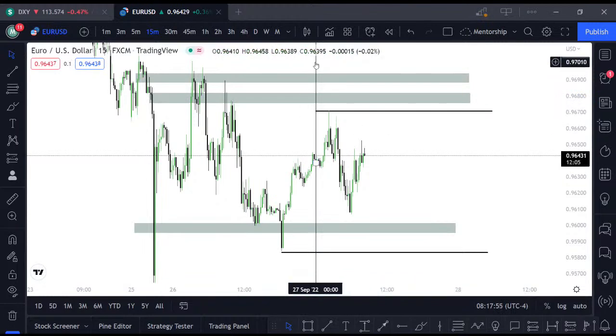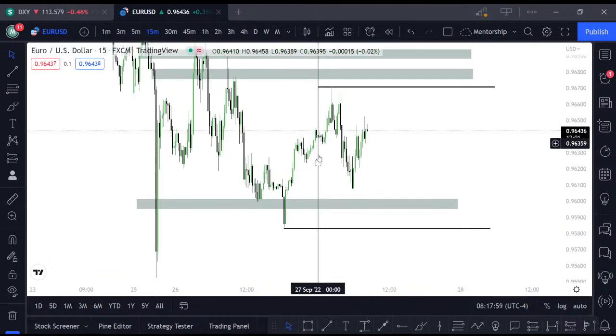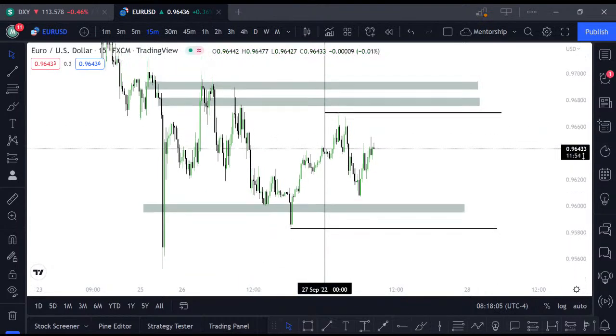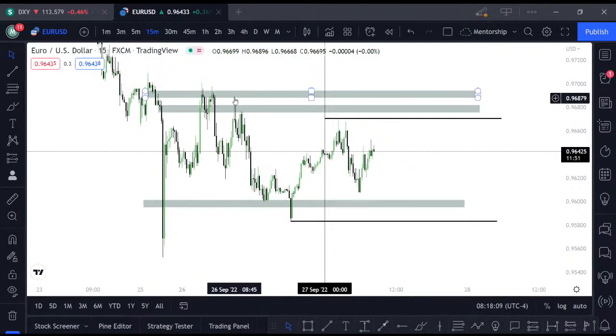So this is today's midnight. We have this high, but we are still consolidating between the September 6th low and the September 20th high. Between this high and this low.